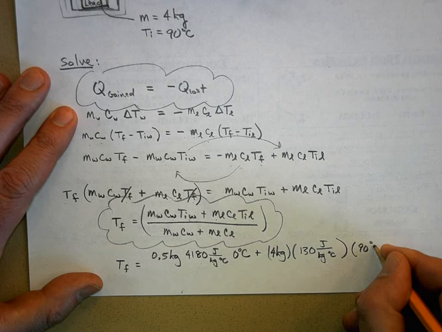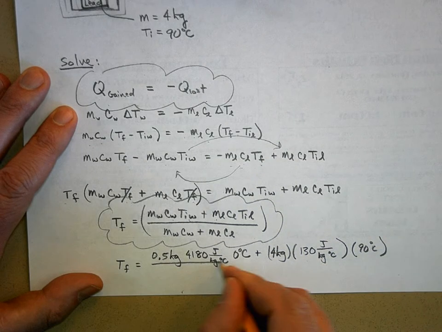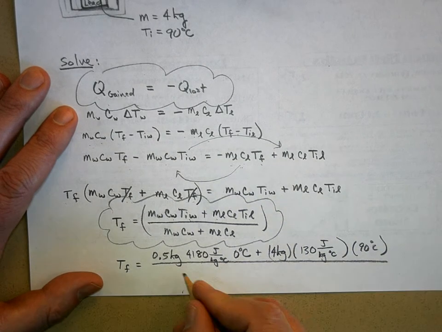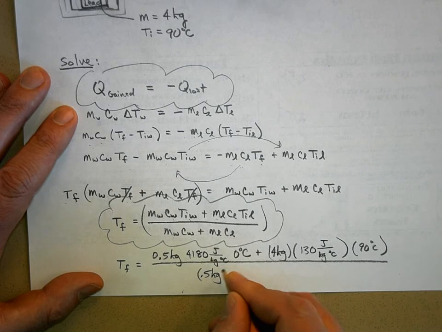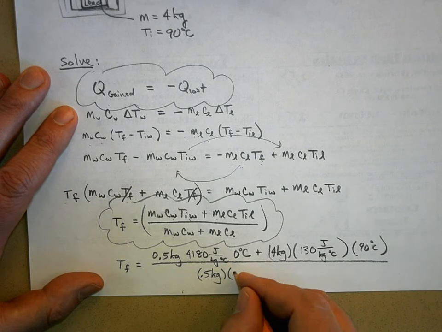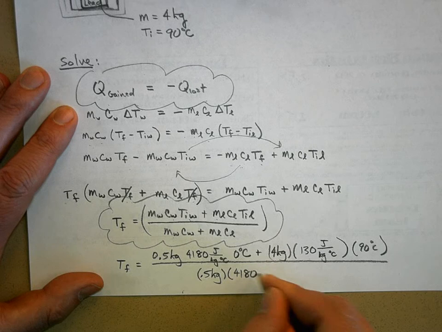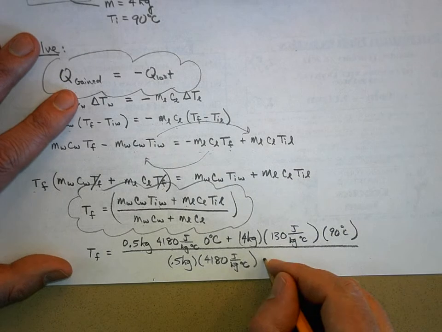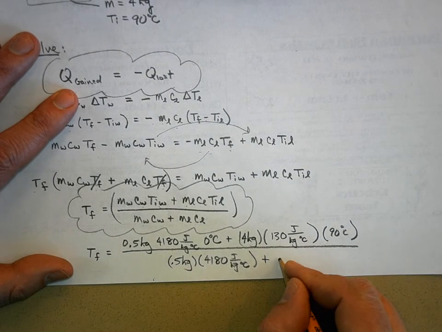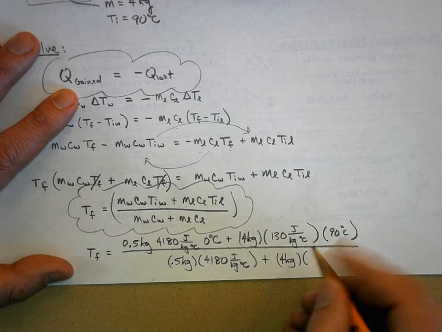Then you have to divide all of that by the mass of the water times the specific heat of the water plus the mass of the lead times the specific heat capacity of lead.